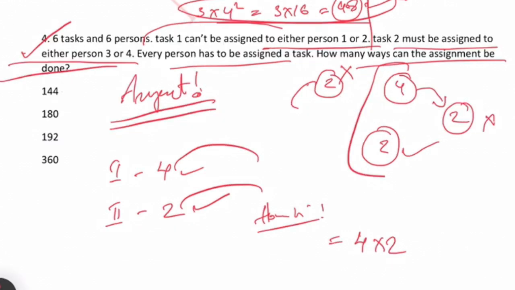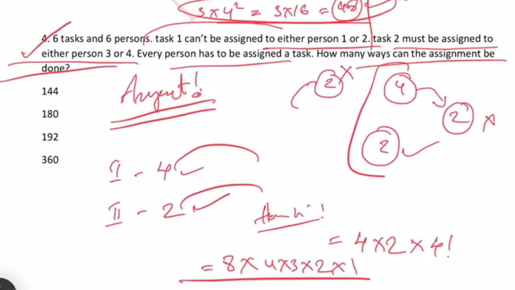There is nothing much arrangement possible because these two places are already fixed. That is 4 into 2 into the remaining 4, which we write as 4 factorial. So this will be 8 into 4 into 3 into 2 into 1. On solving this, you will definitely get the final answer.